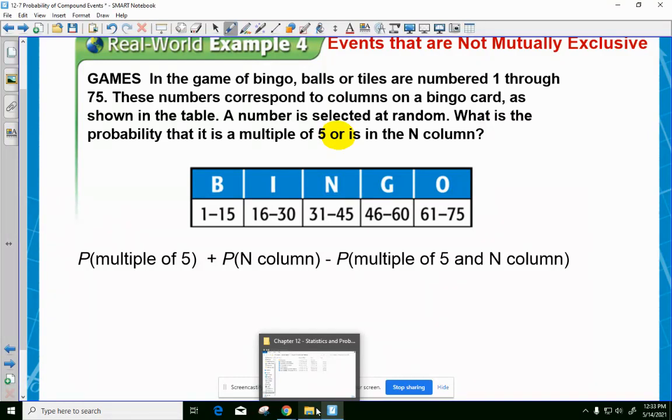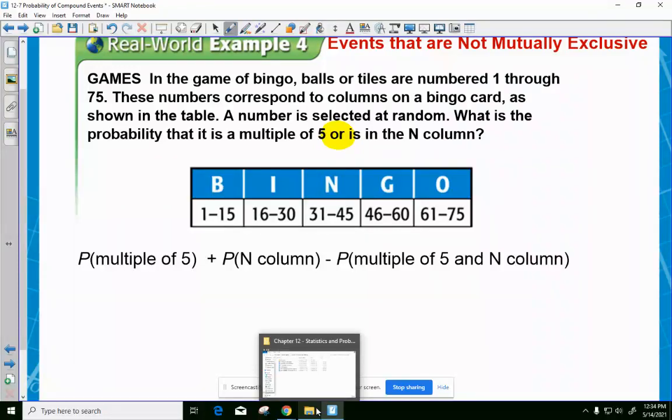All right. So in this first column, you can only have the numbers 1 through 15, but there are multiples of 5 in that column. How many are there in that column? 3, right? 5, 10, and 15. Now in the I column, how many are there? 3, right? It would be 20, 25, and 30.